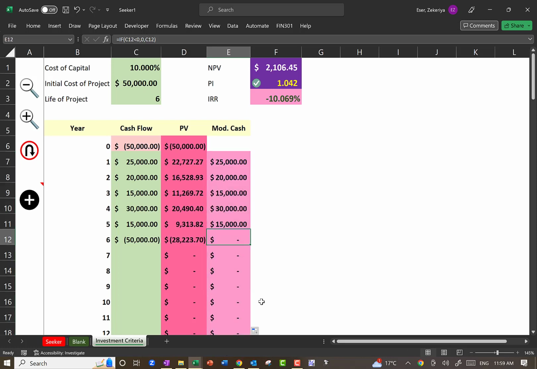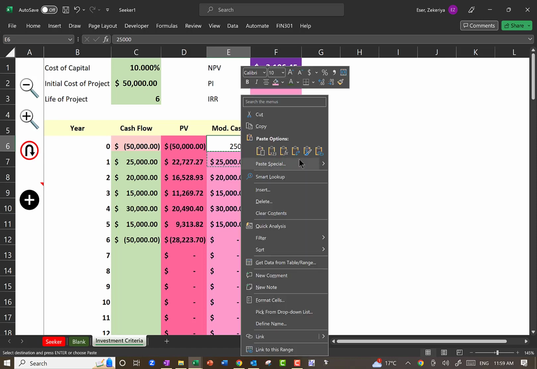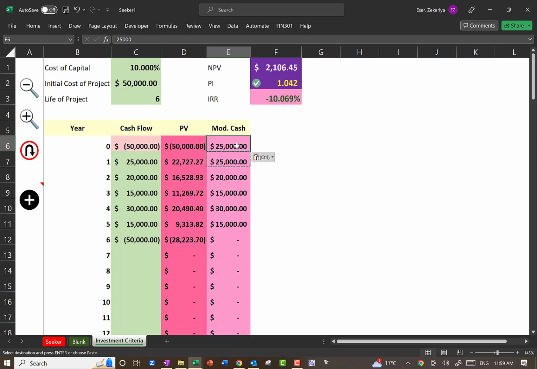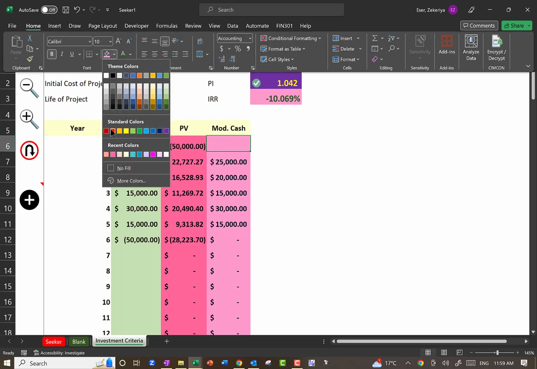As you can see, it made the year 0 cash flow 0. Okay? Year 6 cash flow 0. Since this is different in nature, I'm going to make that red.